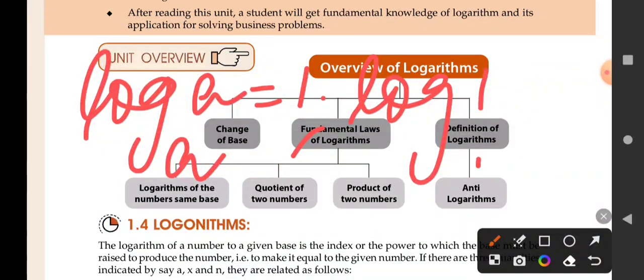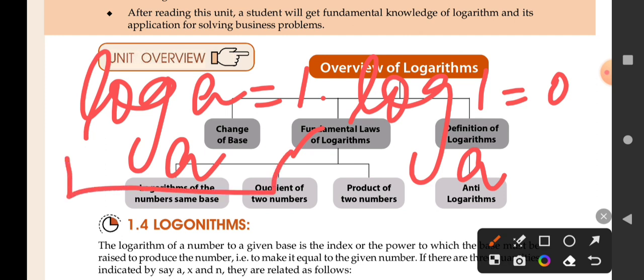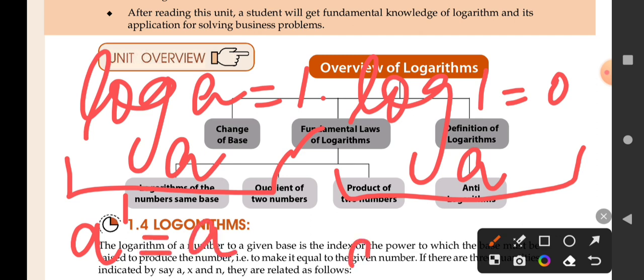Log 1 to the base a is equal to 0. How can we transform logs into normal equations? A power 1 is equal to a, and a power 0 is equal to 1. So anything raised to 0 is equal to 1. We have seen this in the indices unit.